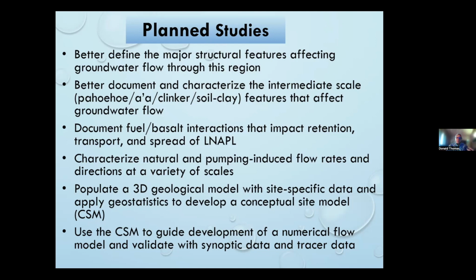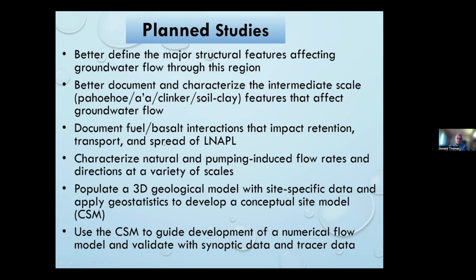And with that data, we'd like to populate a 3D geologic model with the site-specific data, apply some geostatistical analysis to what we see there geologically to develop a really detailed conceptual site model, and then use that conceptual site model to drive the development of a numerical flow model, both for the LNAPL, for the fuels, as well as for groundwater, and use our existing data set of so-called synoptic data, water level data, and tracer data to validate that numerical flow model.